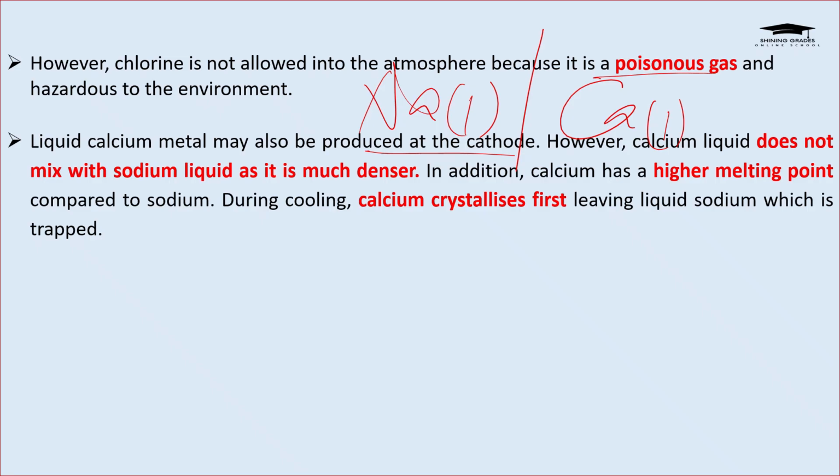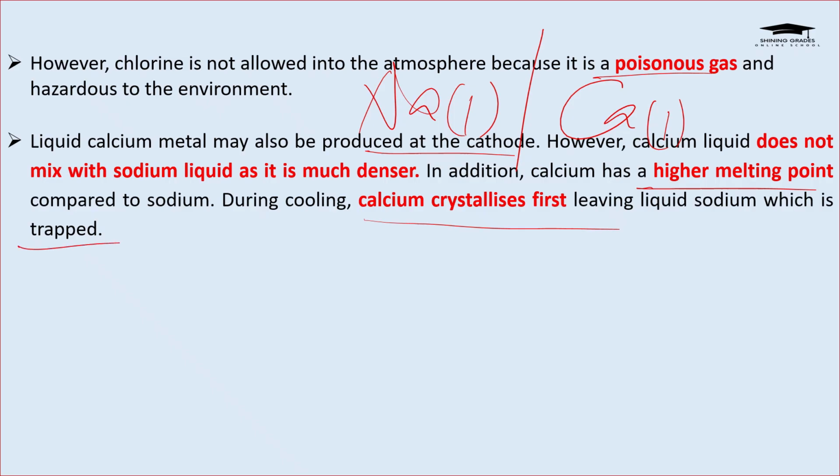So calcium, again, apart from being denser, also has a higher melting point compared to sodium. So during the cooling, calcium will be able to crystallize fast, leaving liquid sodium in a molten state, which is then trapped.